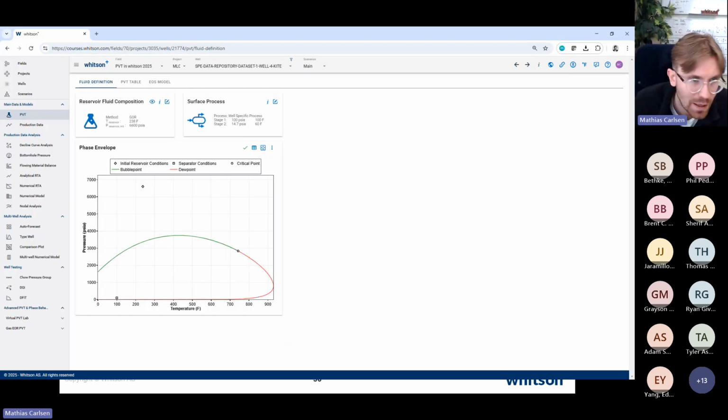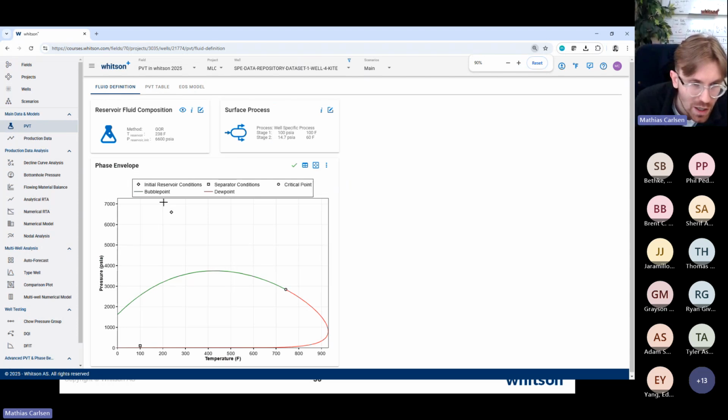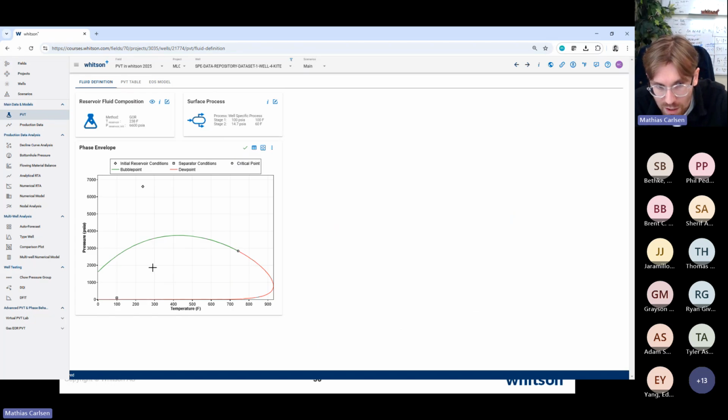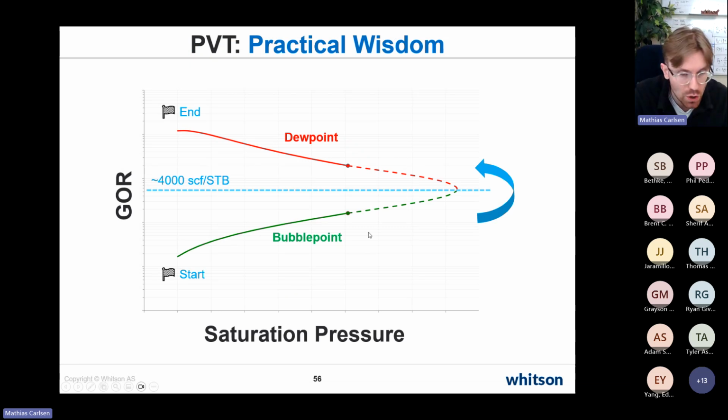We've learned about this type of phase envelope in school, but this one is a phase envelope in pressure-composition space. We learned that an equation of state has three inputs: pressure, temperature, and composition. Here we keep the temperature the same, but we vary the composition, which is the GOR, and the saturation pressure. This is essentially how a black oil table actually looks under the hood.